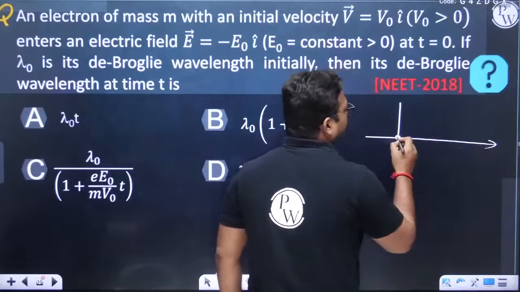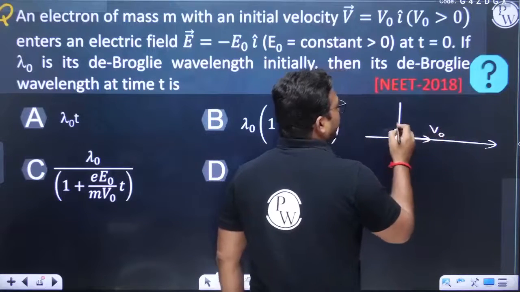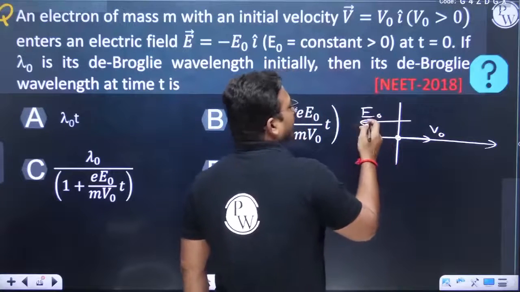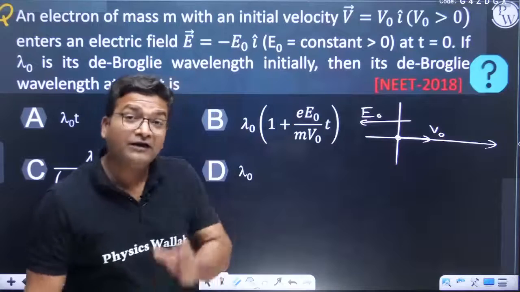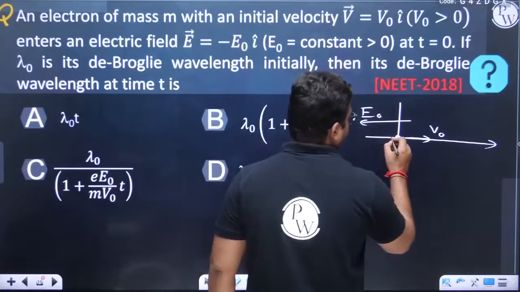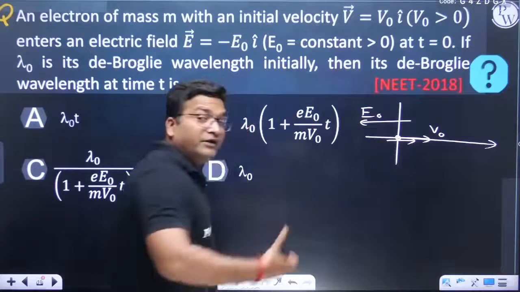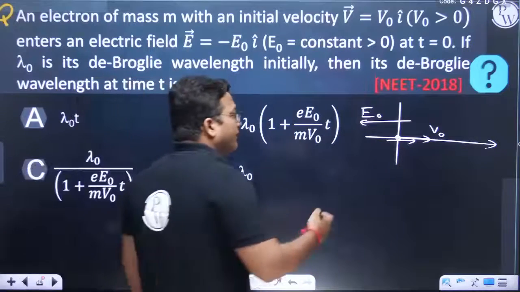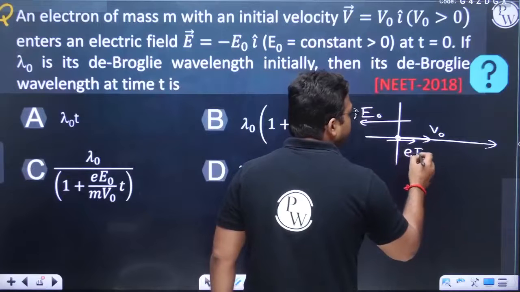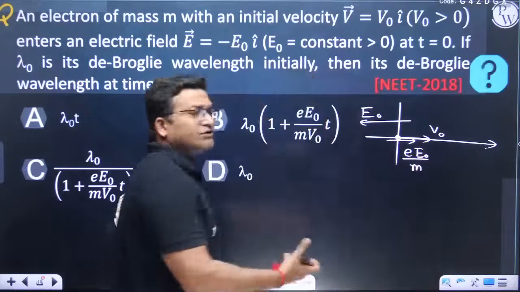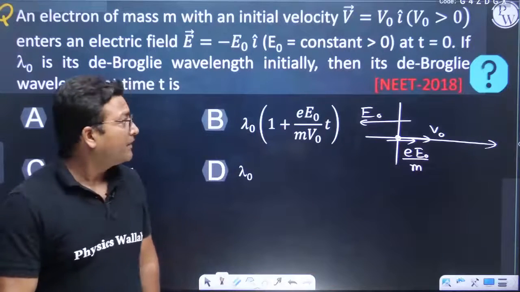The electron's velocity is v naught, and the electric field is E naught towards left. As the electric field is towards left, the electron experiences a force towards right, and because of this force it experiences an acceleration towards right, which becomes eE naught by m, because acceleration is force divided by mass.